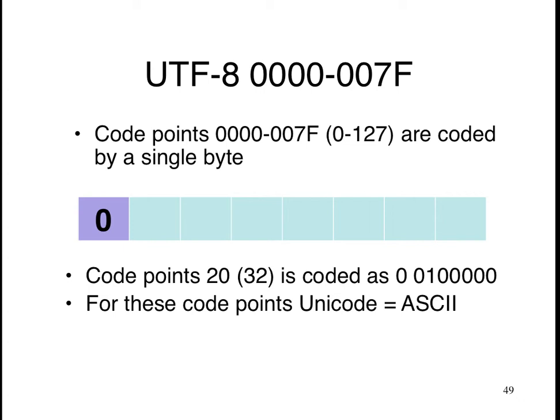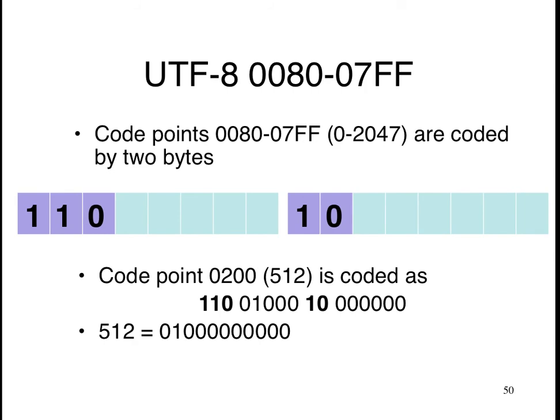And when we see that that first bit is 0, we know this is a plain vanilla bog standard ASCII 1 byte character. So that's the easy one. However, if the first bit is not 0, then that's telling us that we've got a multi-byte character.